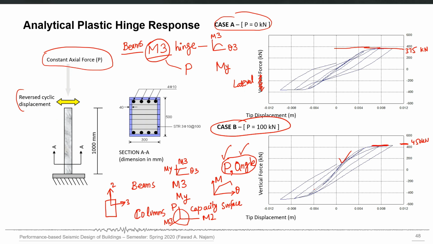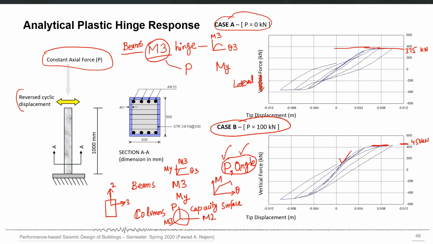So because of the application of axial force, the behavior in the lateral direction is modified for this particular column. This is the effect of axial flexural interaction, and you have to account for it, because let's say this is the M theta curve which we want to use as an input. Now we can see that this M theta curve is being modified by the level of axial force.